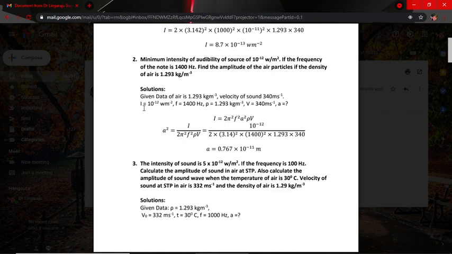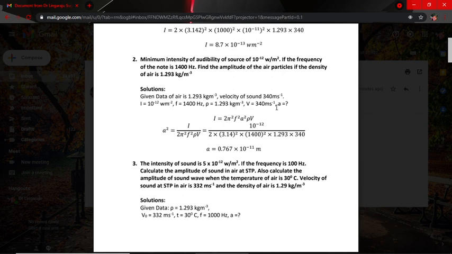Here it is given: I is equal to 10 to the power of minus 12 watts per meter square, frequency 1400 hertz, density 1.293 kg per meter cube, and V is equal to 340 meter per second. We have to calculate A, that is the amplitude.